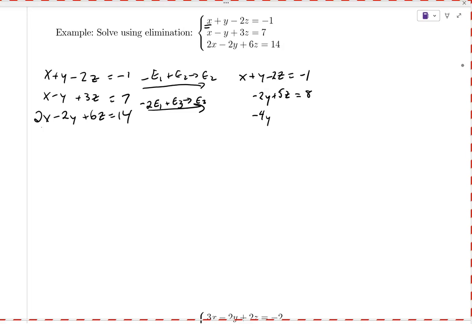Negative 2 times the negative 2z gives us positive 4z plus 6z. That gives us 10z. Negative 2 times negative 1 is positive 2 plus 14 gives us 16. Everybody following where I'm getting those numbers from?